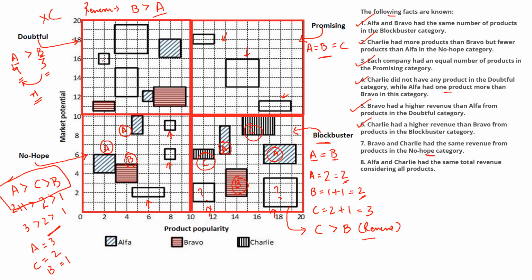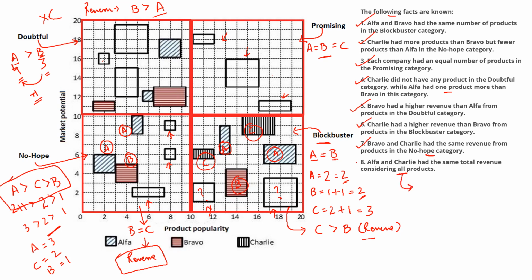In the no hope category, that means this one, Bravo and Charlie had the same revenue. They have the same revenue in the no hope category. Okay. And the last one is Alpha and Charlie had the same total revenue considering all products.